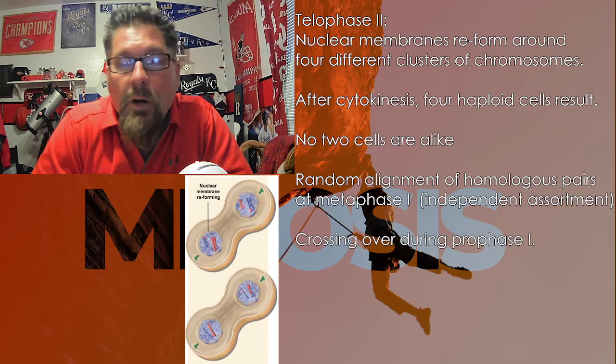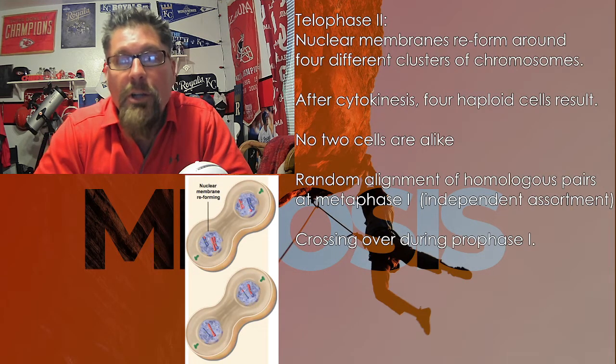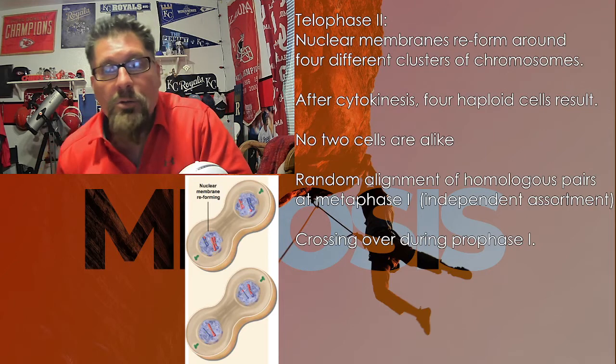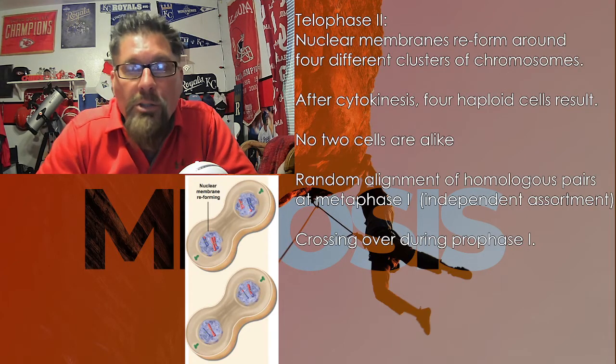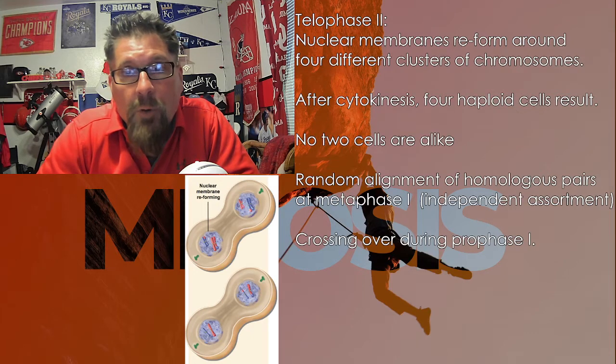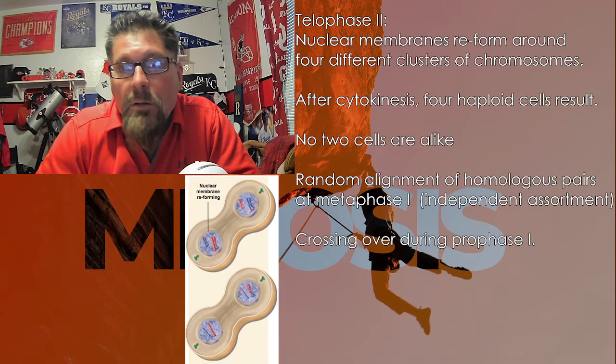Alright, so now here we are at telophase 2. Again, the picture at the top is telophase 1, picture at the bottom is telophase 2. And now we're going to separate again those chromosomes, and again we're going to show 1 going into 2, but remember there's 2 going into 4 for that final product.